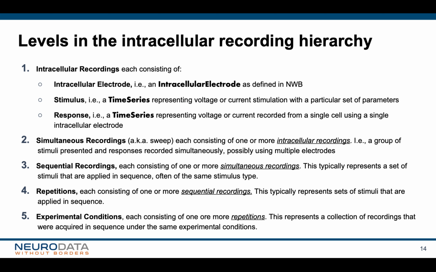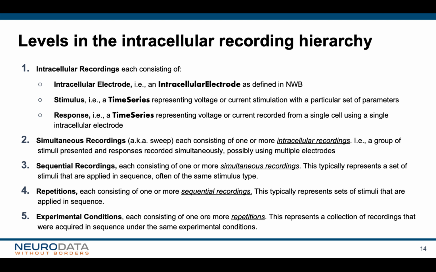So we begin with defining the intracellular recordings, which each consists of the intracellular electrode that is being used to record the signal, which is using the existing intracellular electrode as defined in the current NWB file. It also consists of a stimulus and response.